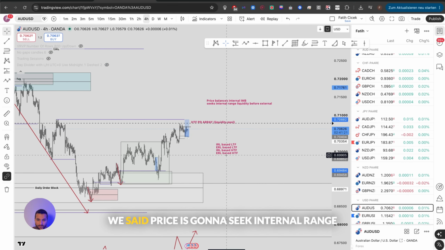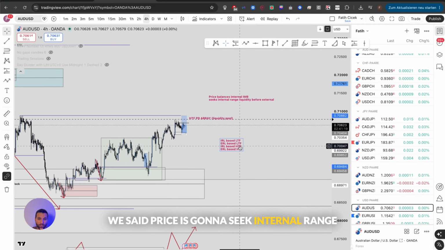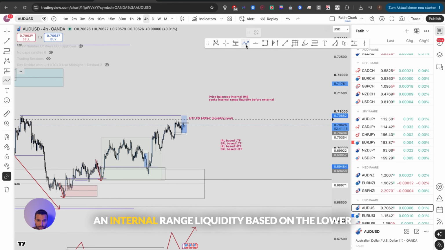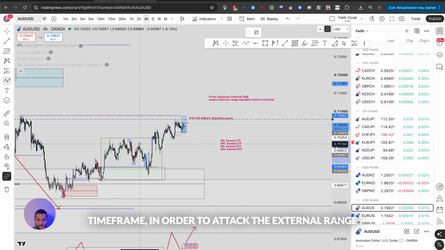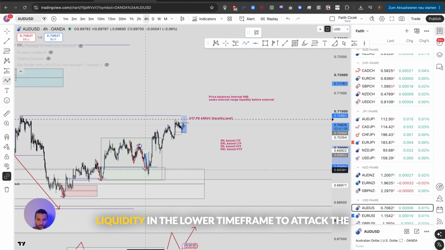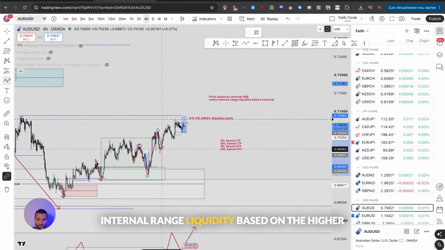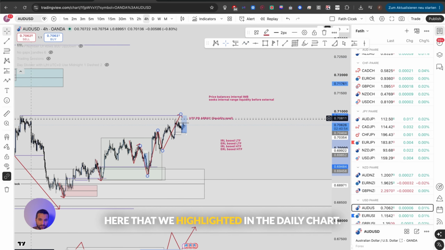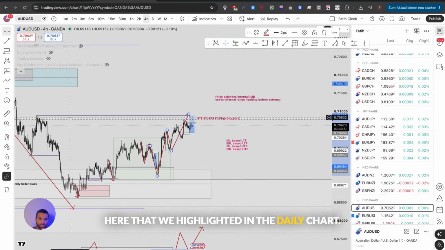We said price is going to seek internal range liquidity based on the lower time frame. So this is an internal range liquidity based on the lower time frame in order to attack the external range liquidity in the lower time frame, to attack the internal range liquidity based on the higher time frame, which was this swing high over here that we highlighted in the daily chart.